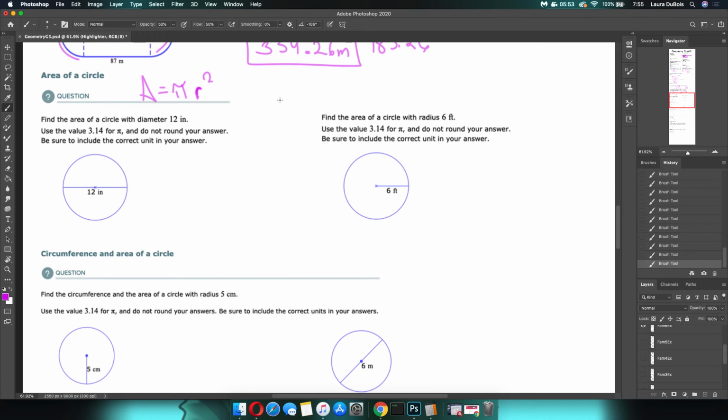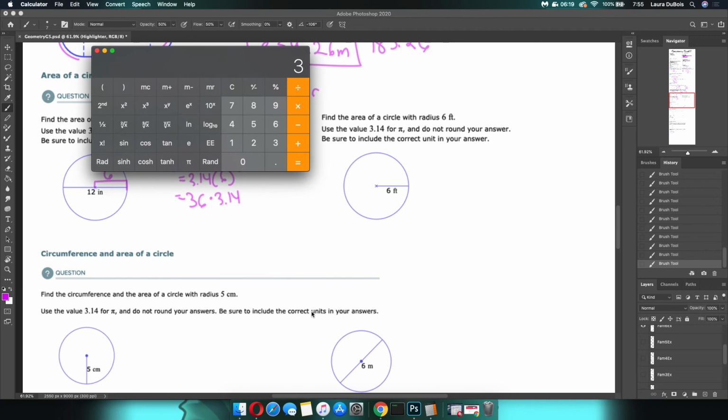The diameter is twice the radius. So if this is the diameter and that's the radius, I want half of my diameter, which is 6. Area of a circle is pi r squared, so it's 3.14 times 6 squared, which is 36 times 3.14.